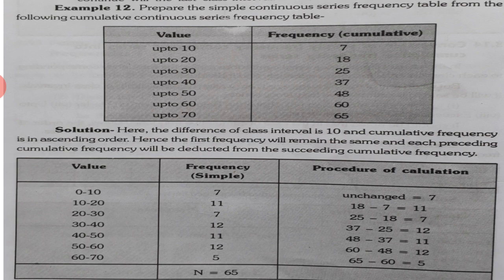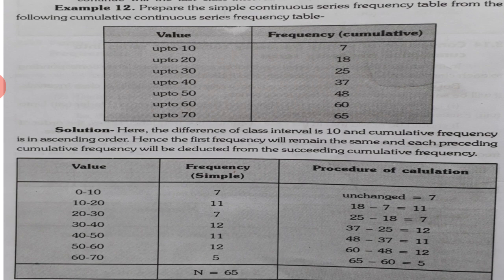The cumulative frequency of the first class will be the same as the frequency of the first class interval, that is 7. It remains unchanged. To find the frequency of the second class interval, you subtract the cumulative frequency of the first class from that of the second. So 18 minus 7 comes to 11.